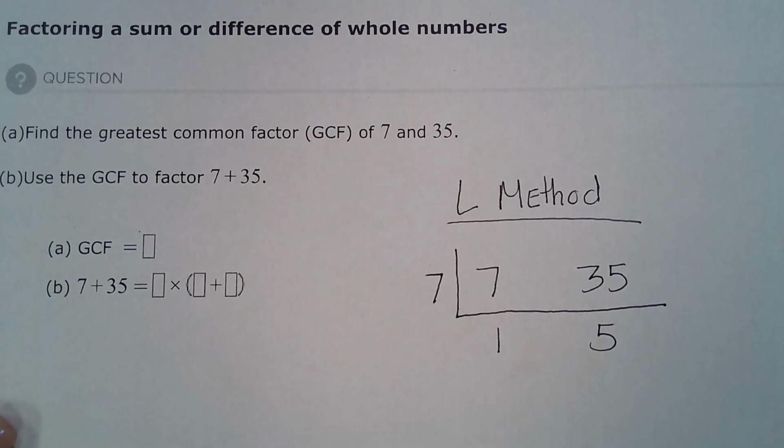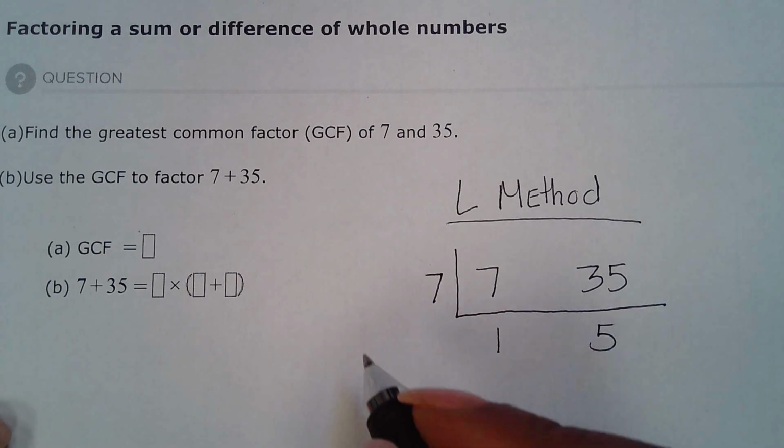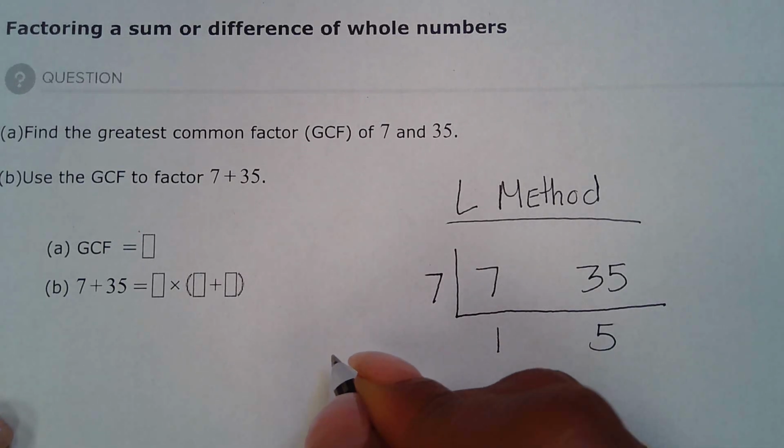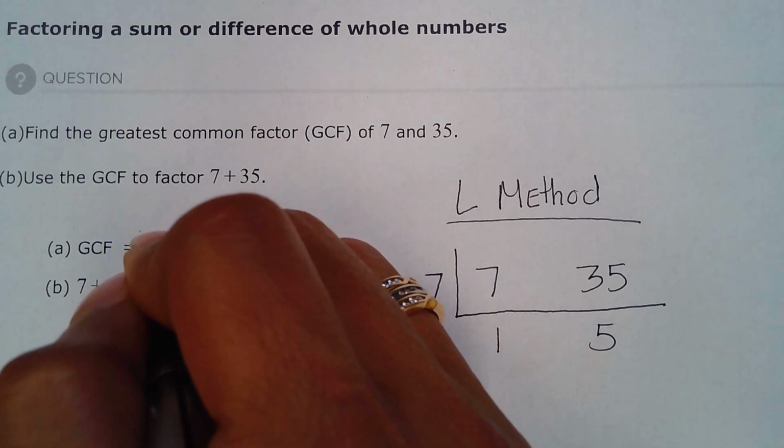In this case, I can't go any further because I'm dealing with 1 and 5 that are left, and there's no number that's going to go into 1 and 5 evenly. So this is my stopping point, which lets me know that the number outside of my L is my GCF. So my GCF for A is 7.